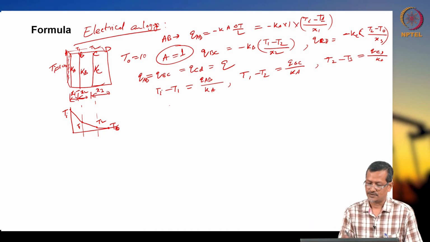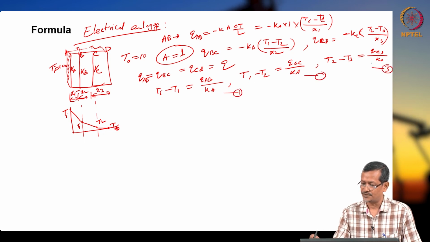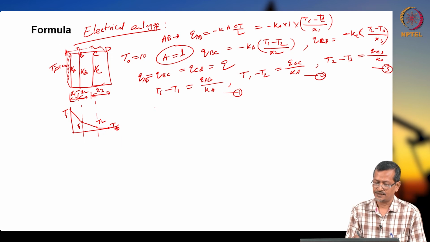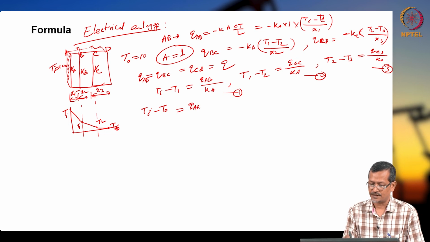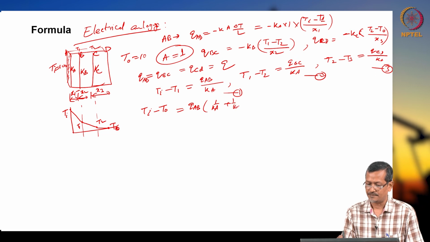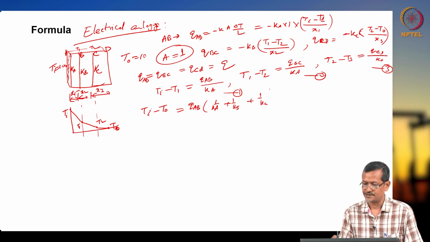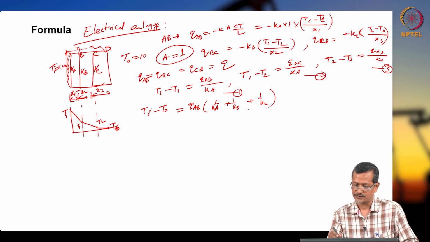Now if I add 1, 2, 3, then it becomes Ti minus To equals Q times x1 by Ka plus x2 by Kb plus x3 by Kc. The x will also be coming.